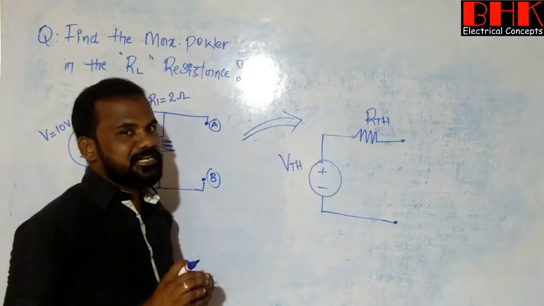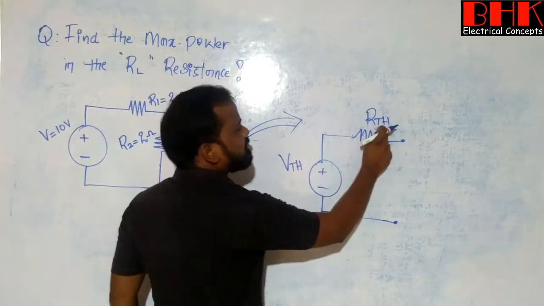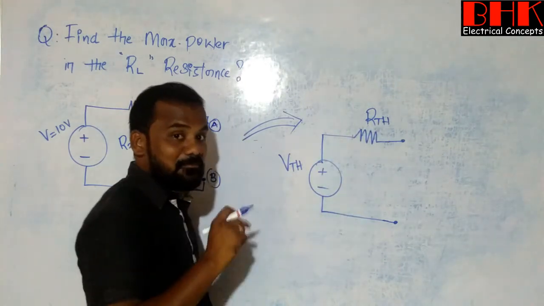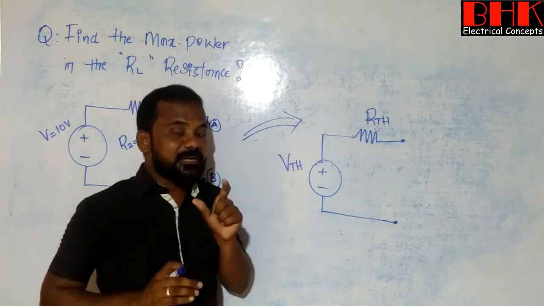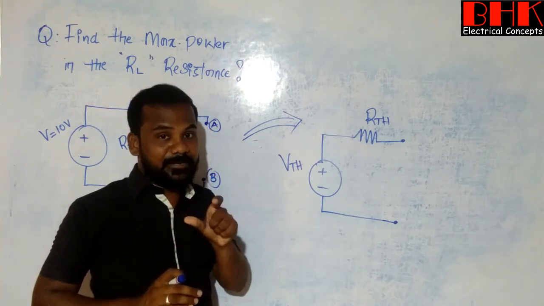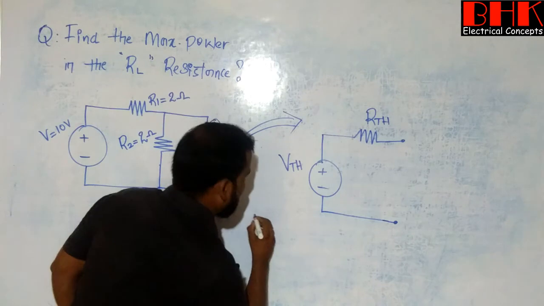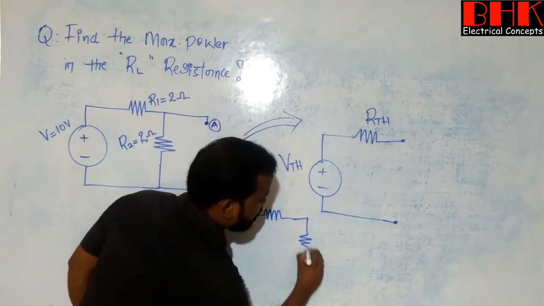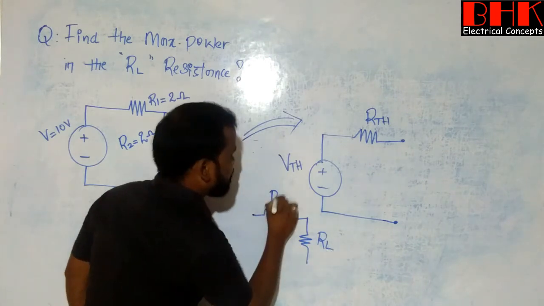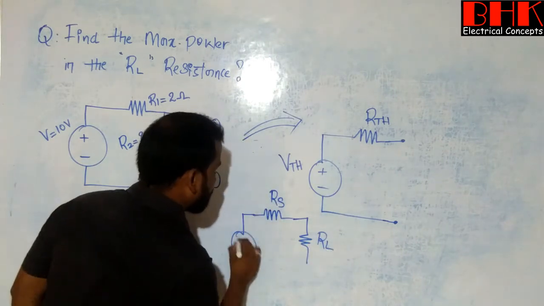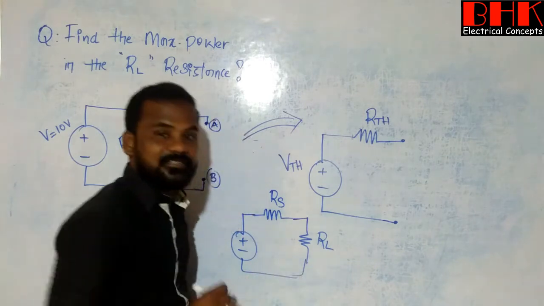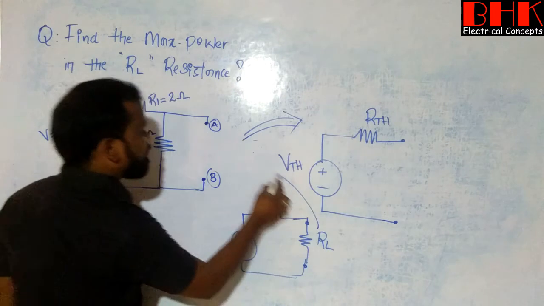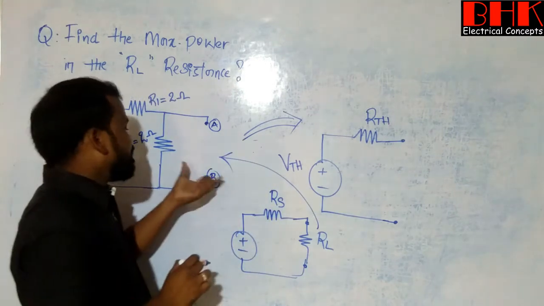This is the Thevenin resistance and this is the Thevenin voltage. While explaining the maximum power transfer theorem, I considered the value of source resistance and the value of load resistance. This is the source resistance with some voltage source like this, and this one is RL, same as in the problem.